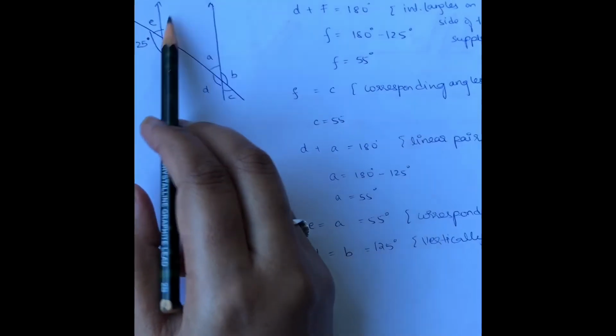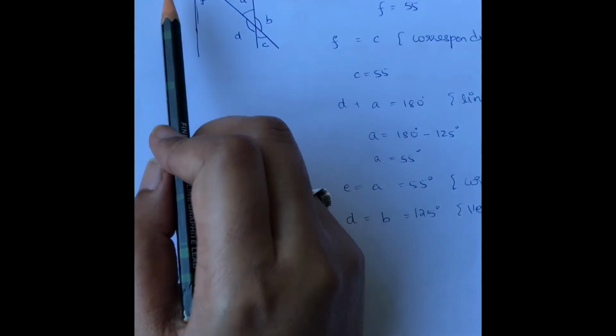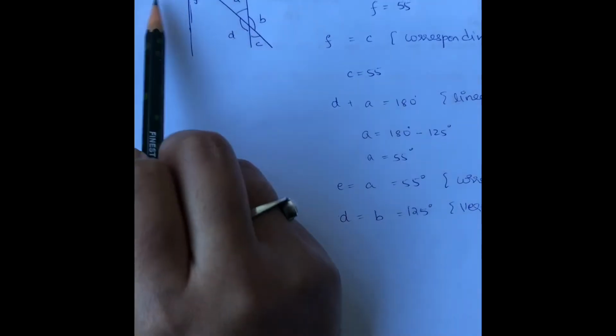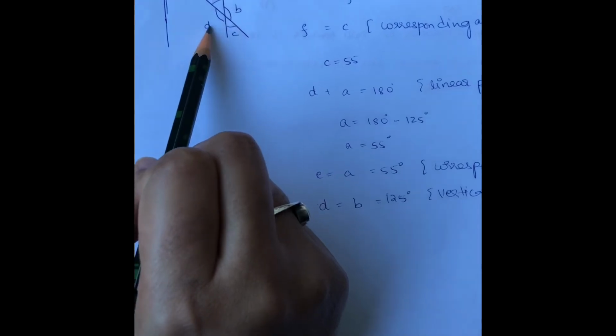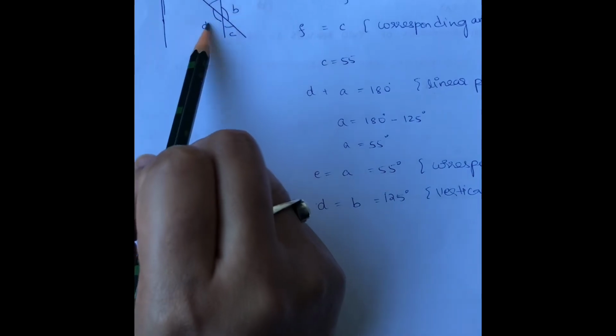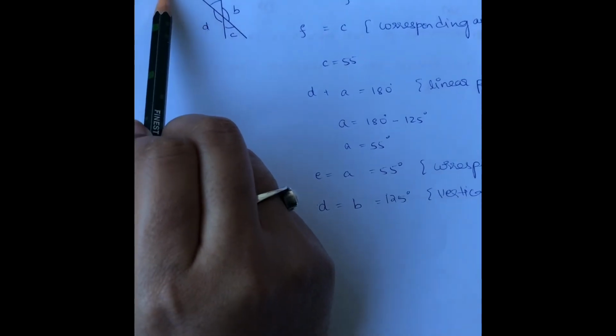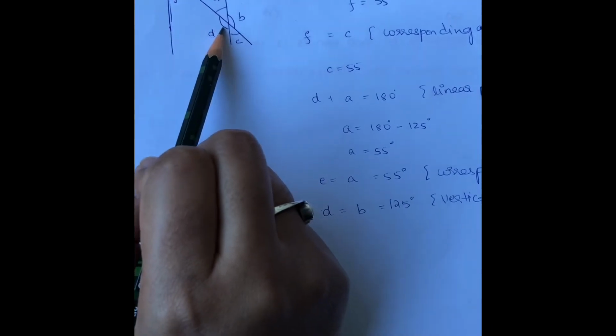All this time we were either identifying a single angle, or with the help of a single angle we were able to justify certain reasons. In this case, P and Q are parallel lines. 125 degrees is the angle that has been given, and we have to find the rest of the angles mentioned here in letters. We know that 125 should be equal to D because they are corresponding angles, and D plus F should be equal to 180 degrees because they are on the same side of the transversal and they are interior angles.